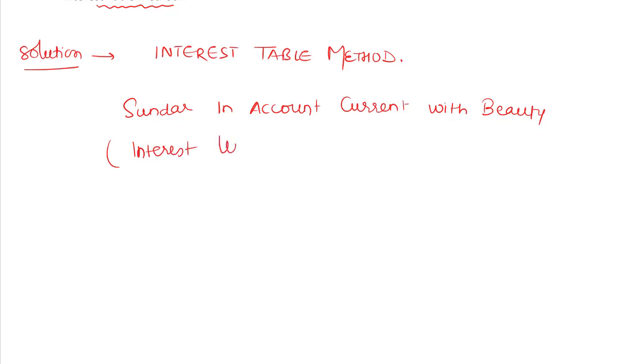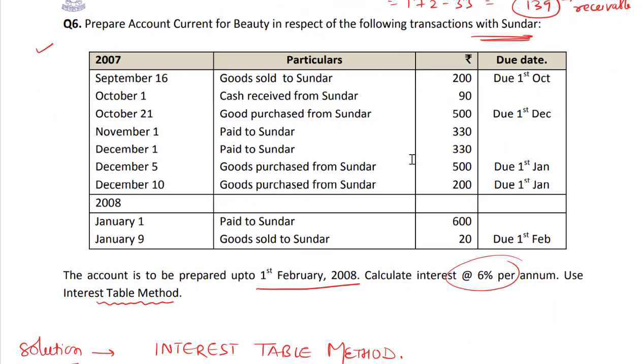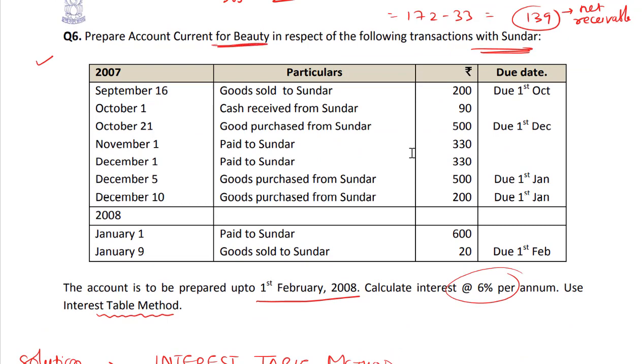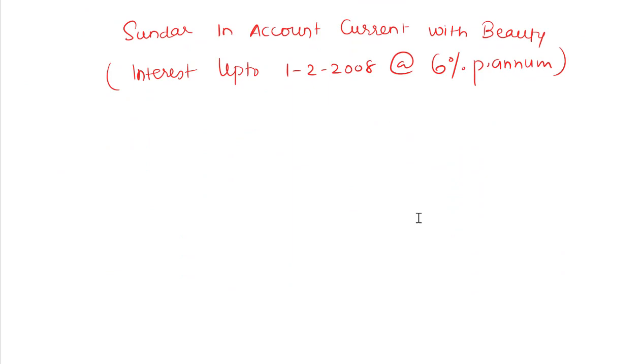Interest up to 1st of February 2008 at the rate of 6% per annum. Understand the question once again. Prepare account current of Beauty in respect of the following transactions with Sundar. So Sundar in account current with Beauty, because we have to prepare for Beauty. I believe you understood. Let us continue.